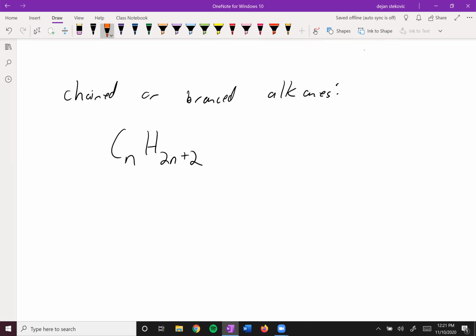Right? So for example, if we think about hexane, we see that we have 6 carbons because it's hexane, and then each one of these carbons has at least 2 hydrogens on it.